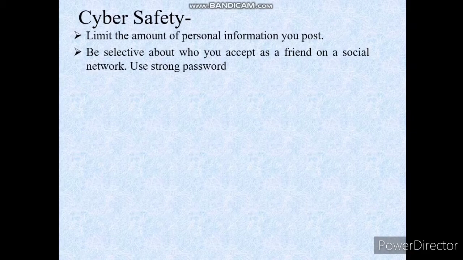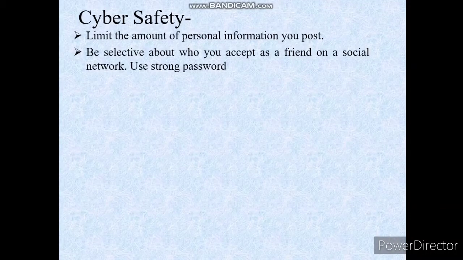A strong password means between 8 to 12 characters. Don't make a password of less than 8 characters. Make a password between 8 to 12 characters, using different symbols, alphabets and numbers.